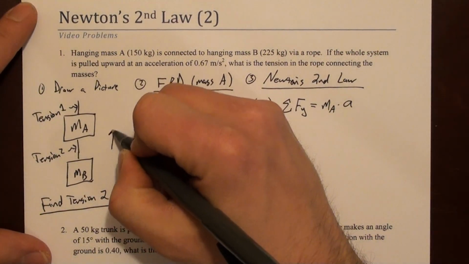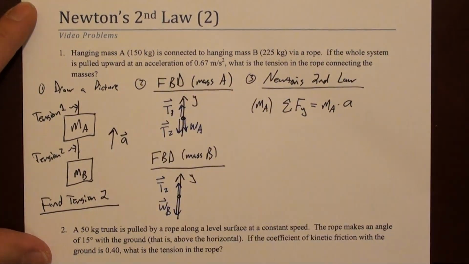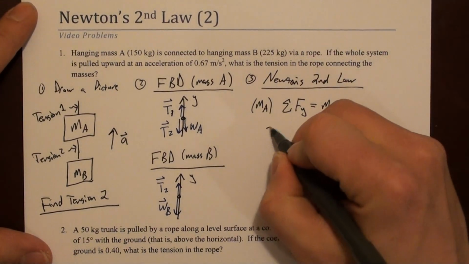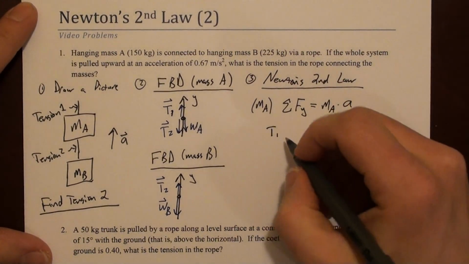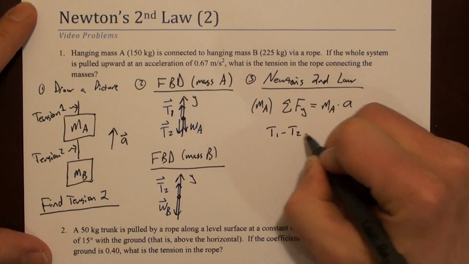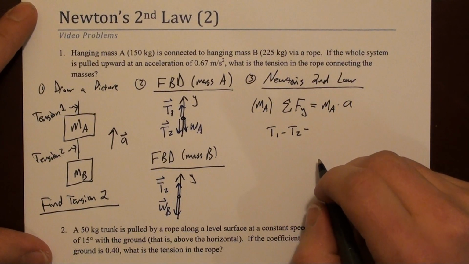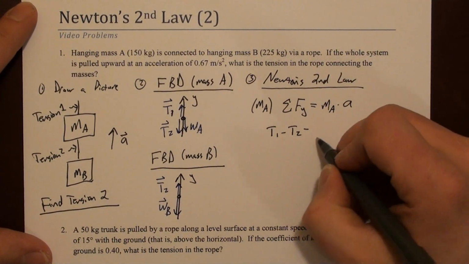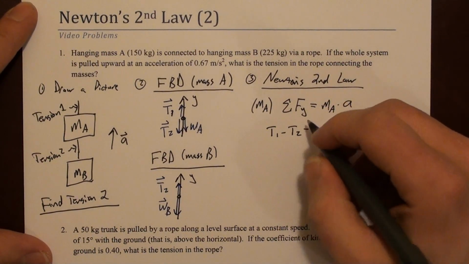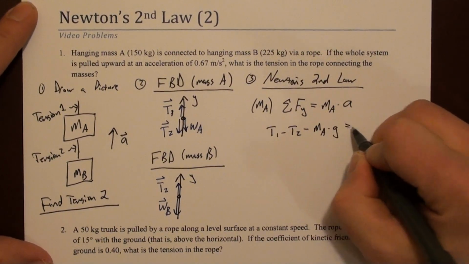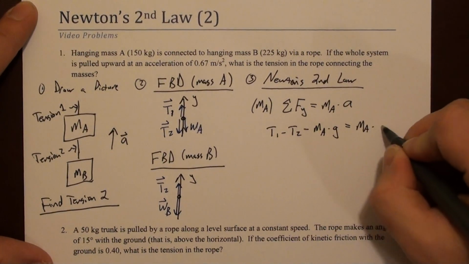We could say this whole system is accelerated upward. Okay, so the sum of the y direction forces looks like we have T1 upward minus T2 downward minus weight A also downward. So that's T1 minus T2 minus MA times G equals MA times A.